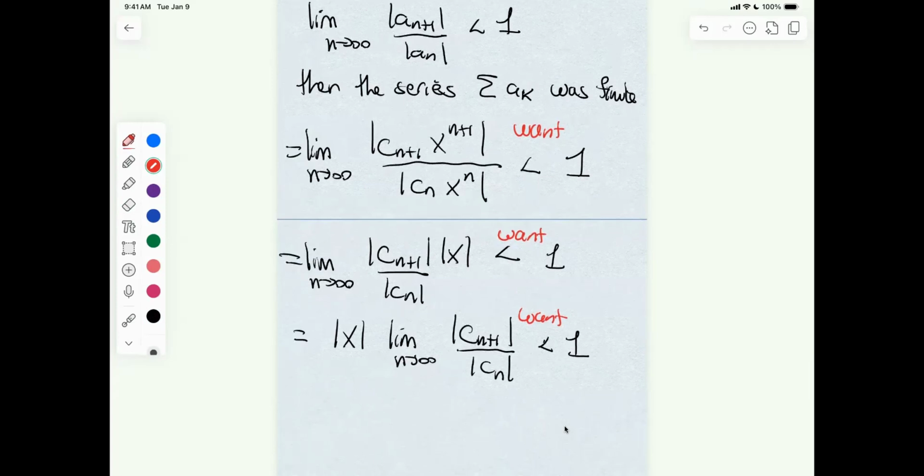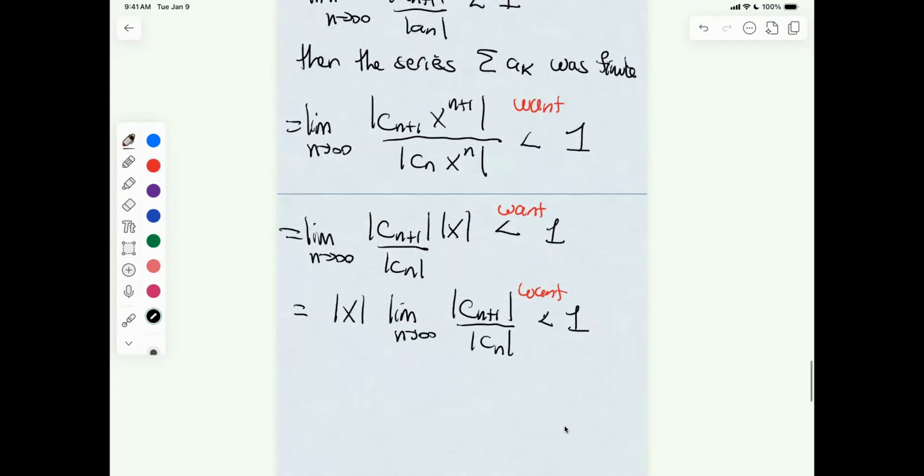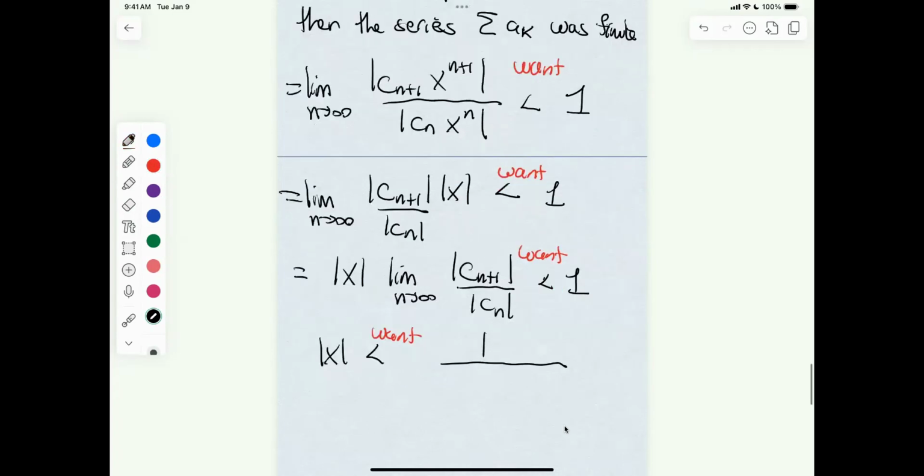And that gives me an inequality that x should satisfy: what you would like is for x to be less than one over this limit.